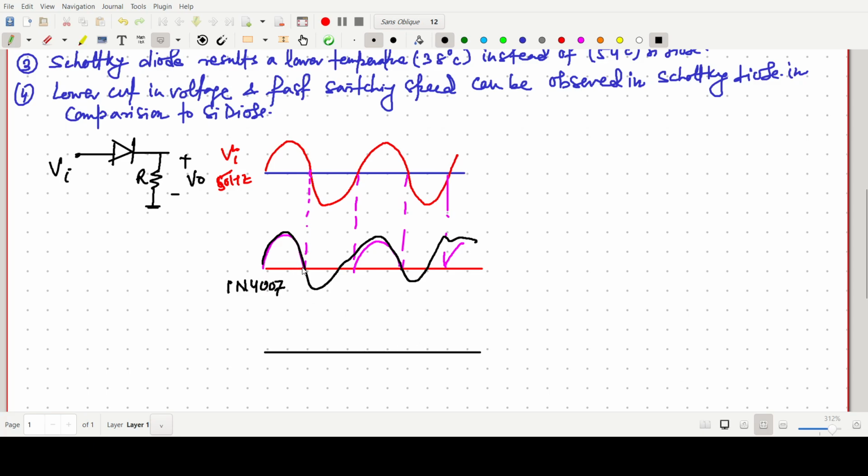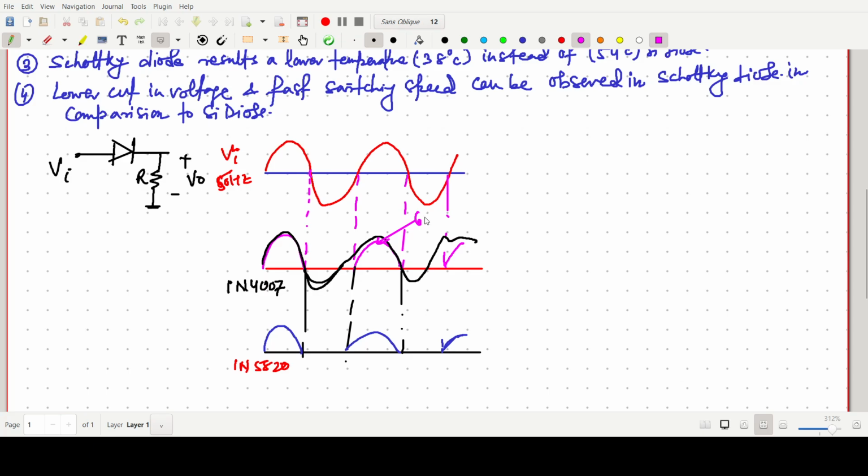But in the case of a fast switching diode, like the 5820, it will be very, very smooth.